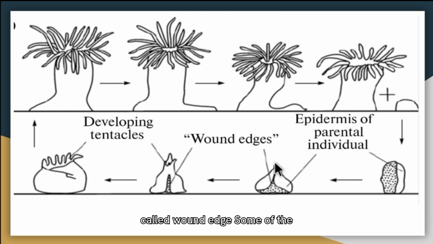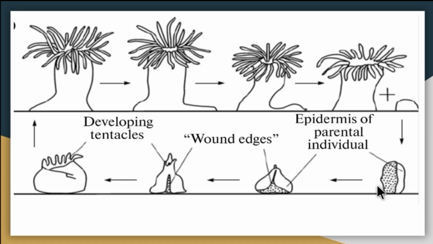Why do we call it the wound edge? Some piece of the body is detached from the parent. In this region, this piece has wounds, so it is the wound edge. In the next stage, tentacles develop. This part is developing tentacles in this region.